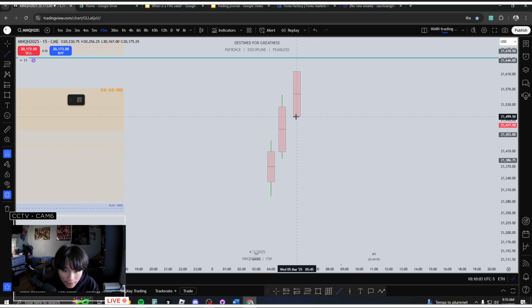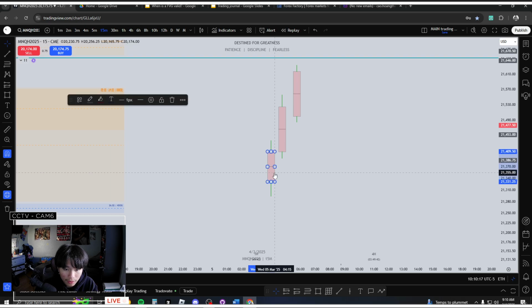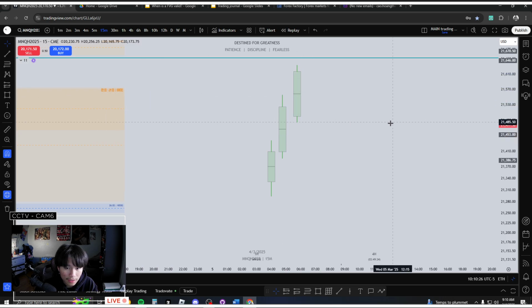And a fair value gap is going to be a gap between the third candle's low and the first candle's high in bullish conditions. So let me make this green just so it's a little bit easier to see. This is a fair value gap right here.